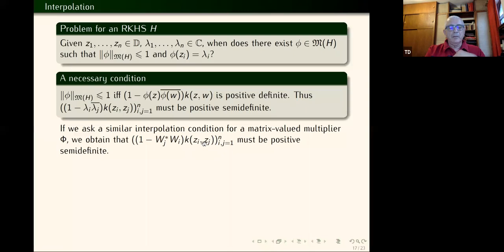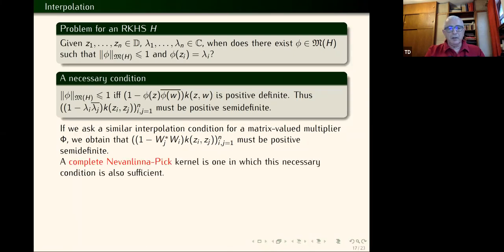I'm getting a little bit outside our context, but the reason I did this is that this defines what is called a complete Nevanlinna-Pick kernel, a kernel space in which this necessary condition is also sufficient.